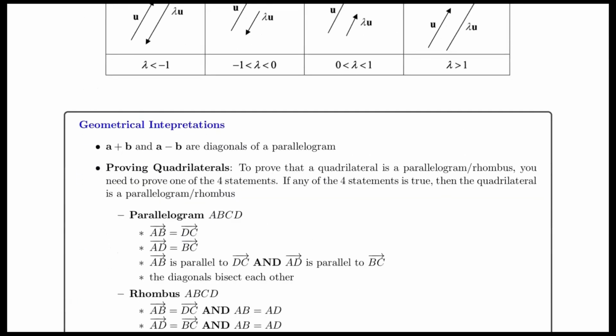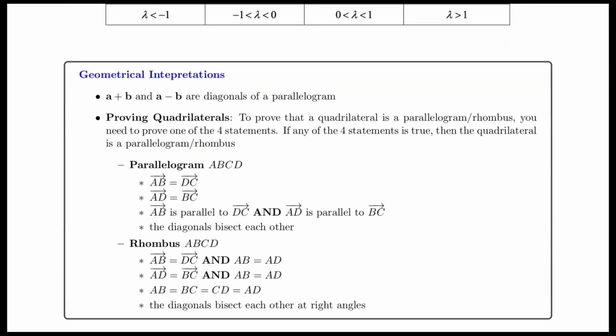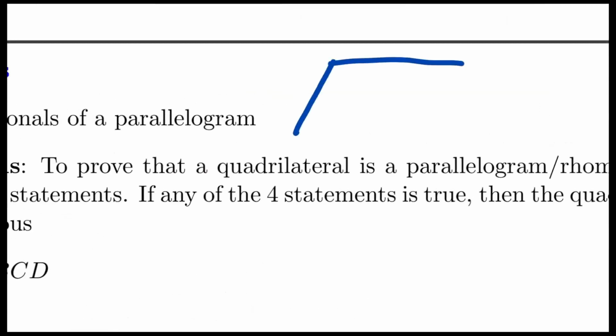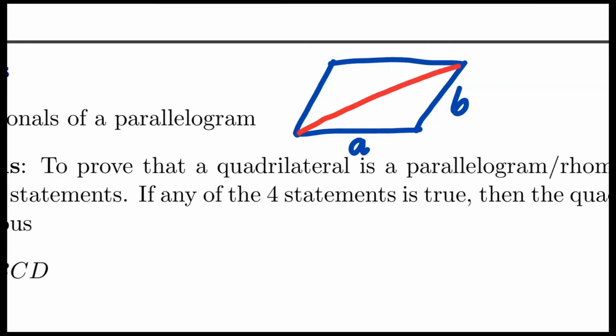Now, this is important: geometrical interpretation. Many people are very bad at geometrical interpretation questions, so please, let's look at this. A plus B and A minus B are known as the diagonals of a parallelogram. If you didn't know this, look at this. This is how to explain why. For example, if this is vector A and this is vector B, what is your diagonal? It's just like that.